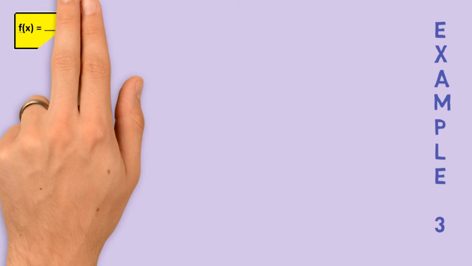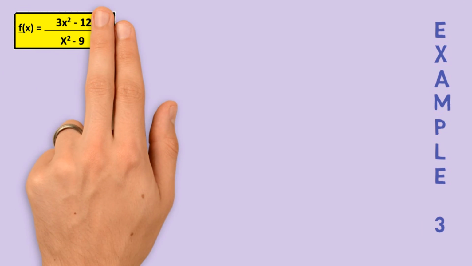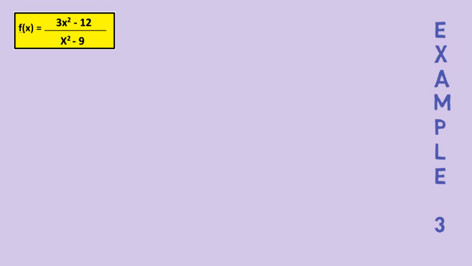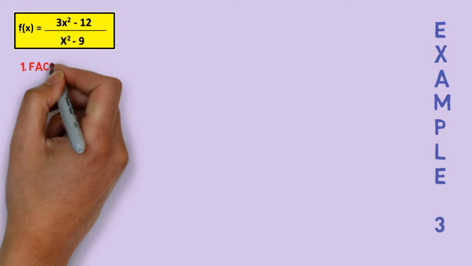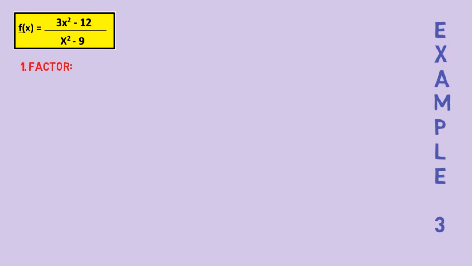We have here the third example: 3x squared minus 12 over x squared minus 9. First thing to do is factor anything that is factorable in the equation.